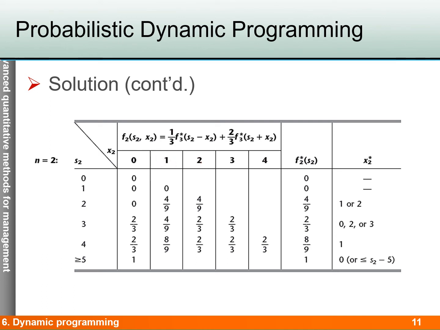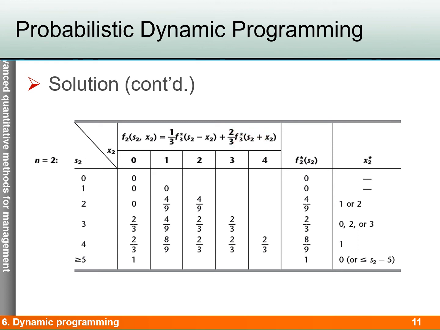Okay, let's review this part. For example, this 8 divided by 9. What is that? It means that I have 4 on hand and make a decision to bet 1. What happens here? It means that it is 1/3 f3 star of 4 minus 1, 3, f3 star of 3, plus 2 divided by 3 f3 star of 5.